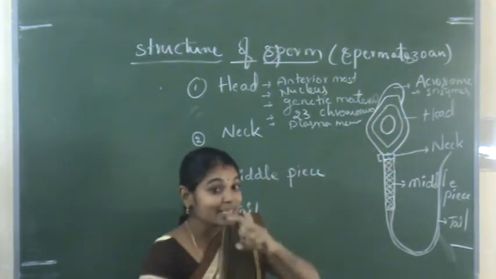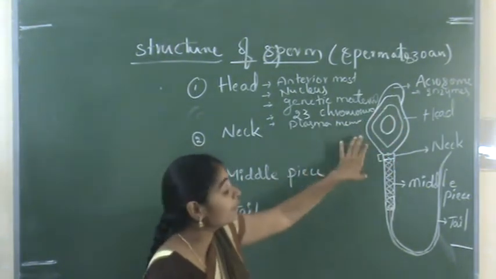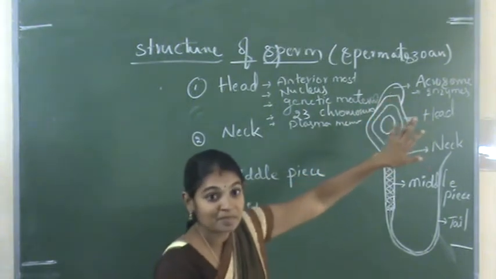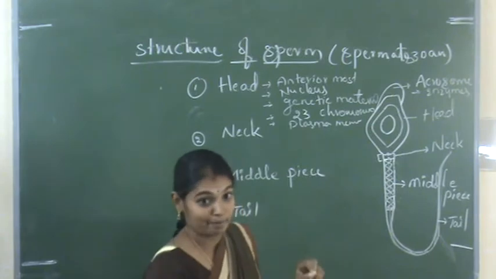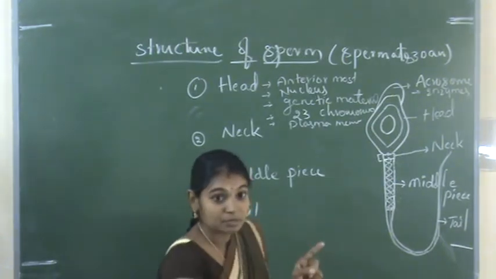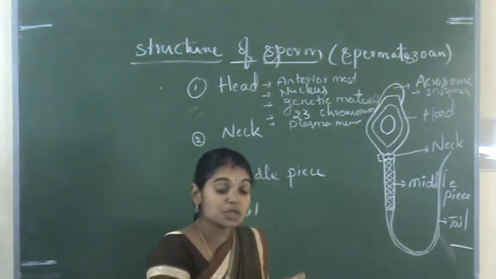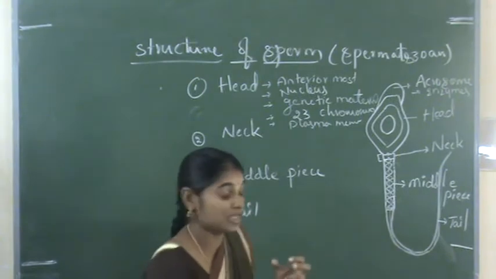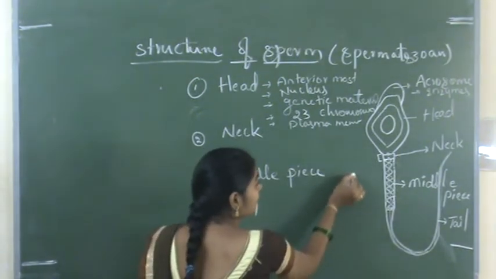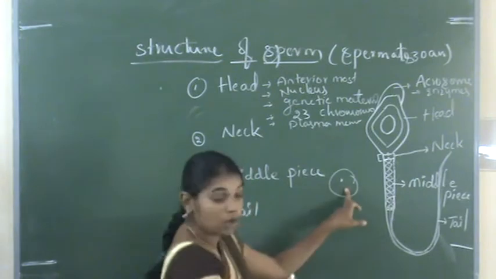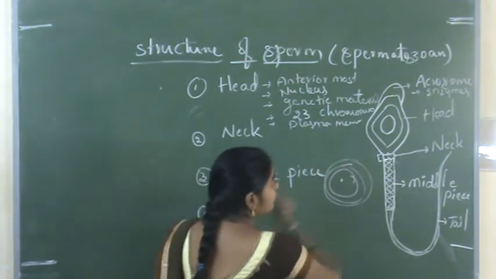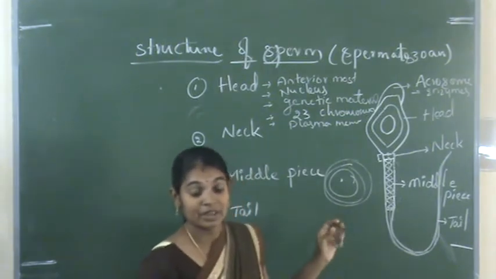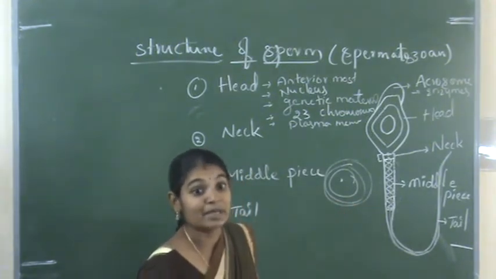To fertilize the ovum, the sperm first has to penetrate into the ovum. We know that the ovum is also covered by some membranes, called egg membranes. The ovum is covered by 3 layers of egg membranes.